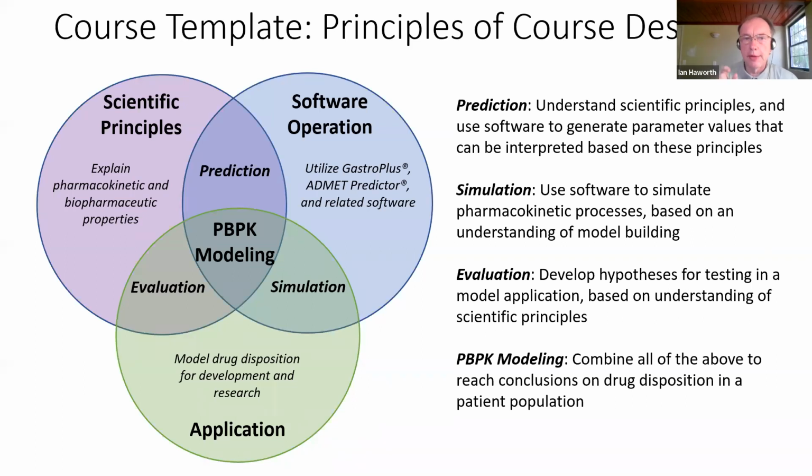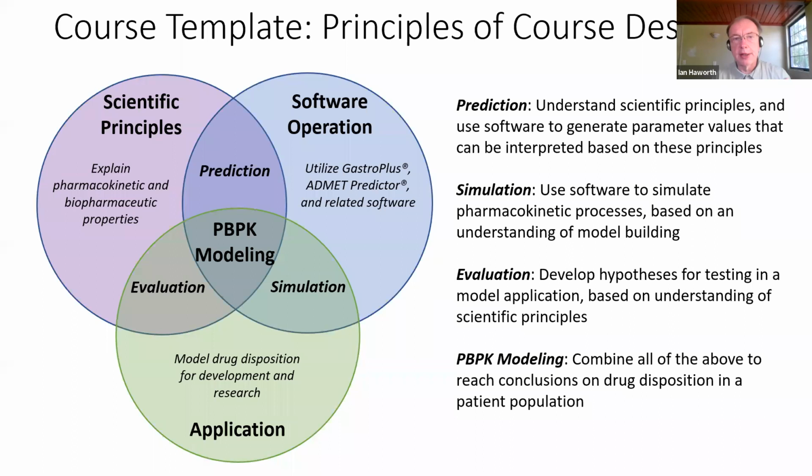On the other hand, once they've got the basic software operation down, then they can start to do more advanced things. They can do simulation. But in order for that to be real, you have to be able to generate hypotheses for a model. And in order to do that, you've got to go back to those scientific principles and understand the basis for those hypotheses.